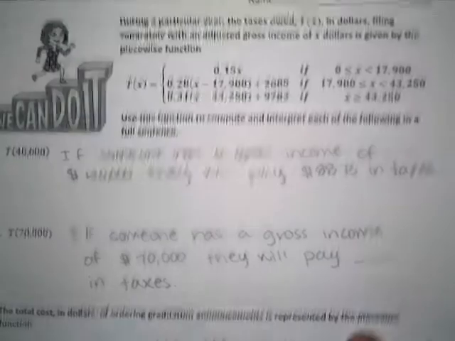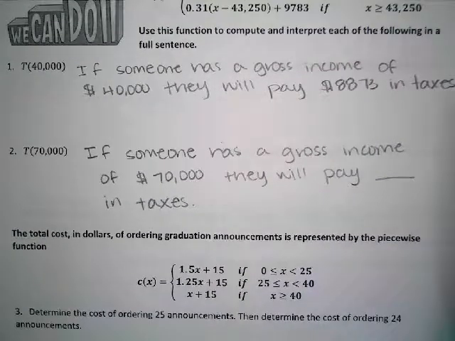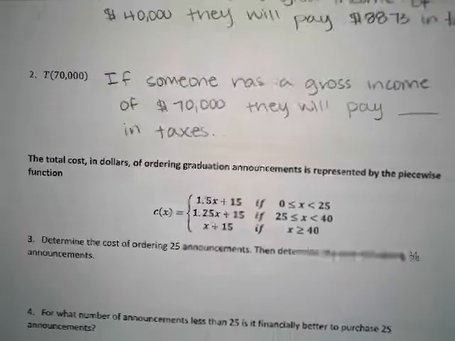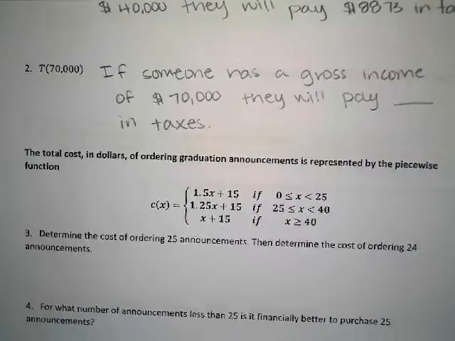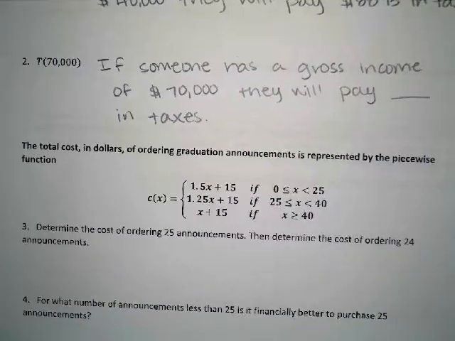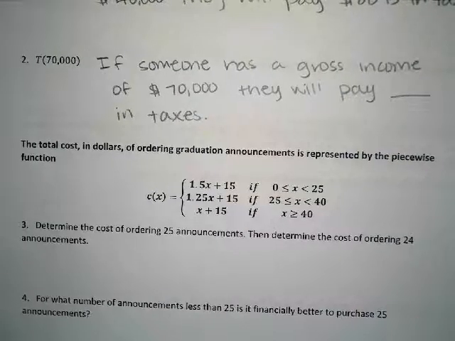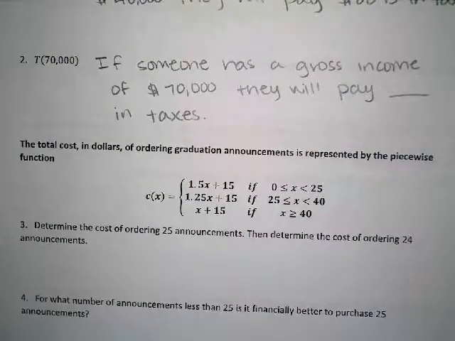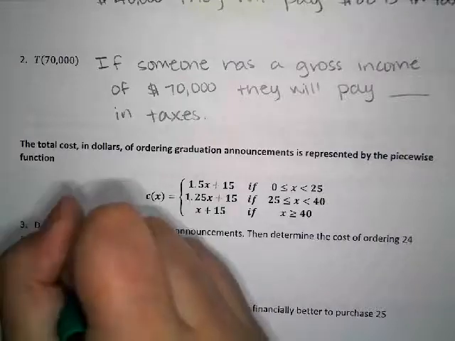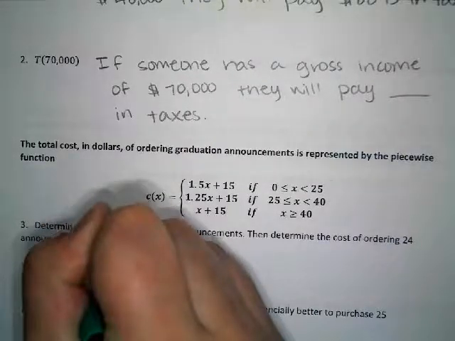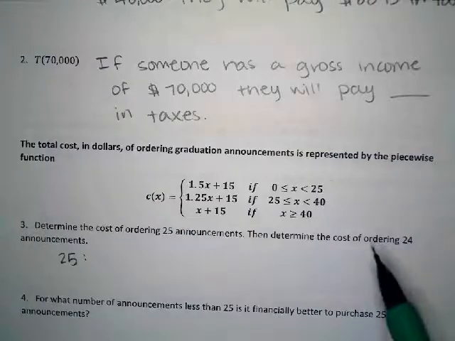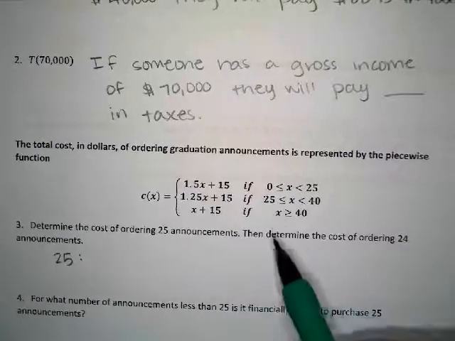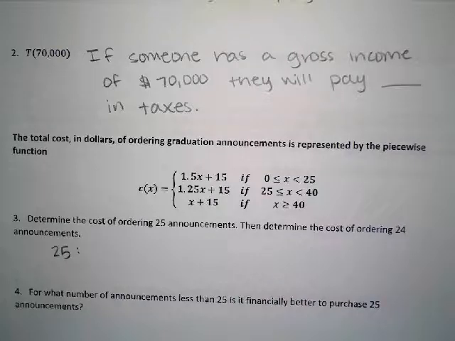The total cost in dollars of ordering graduation announcements is represented by the piecewise function. Determine the cost of ordering 25 announcements. Okay? So if we wanted to order 25 announcements exactly, which piece would we plug it into?